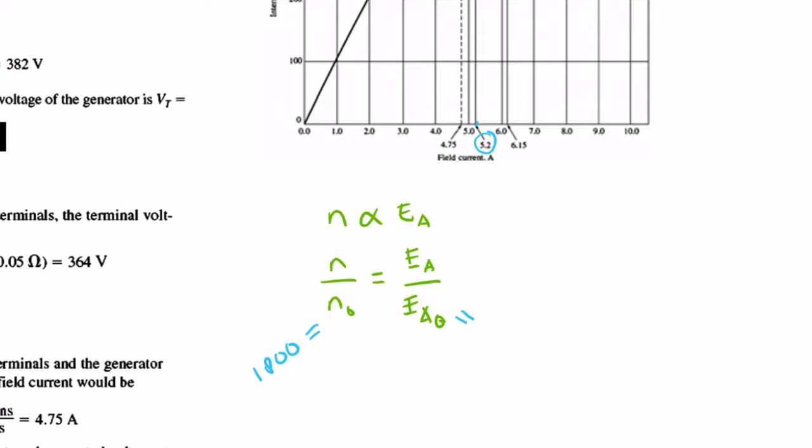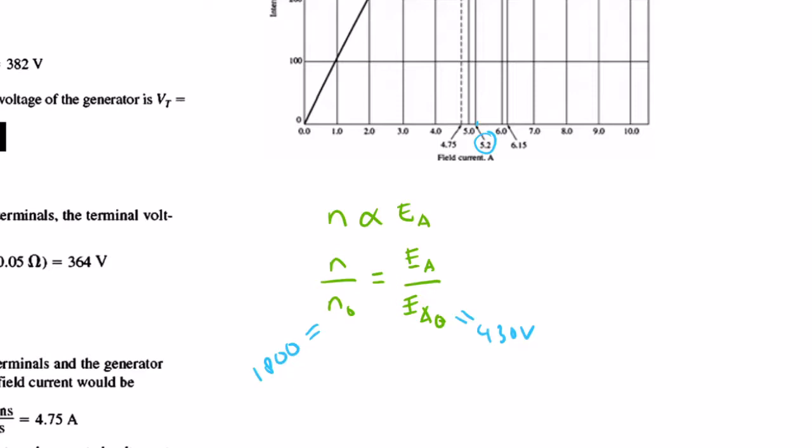Okay, so you've got these two variable values, and then the question is, what is the value of the no load voltage when the speed is 1600 RPM?